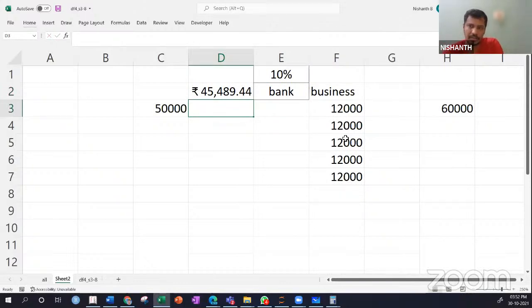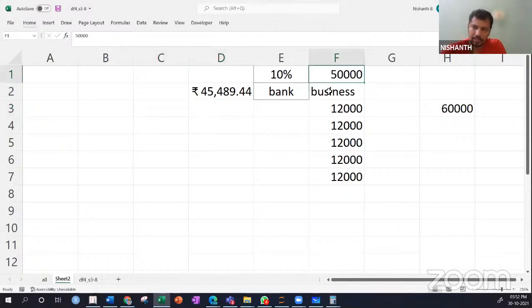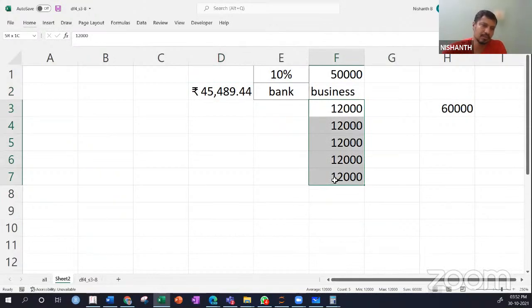So which means what? You put 50,000 in business, you get 12,000. You put 45,489 in a bank, still you get 12,000. So what will be your conclusion? Yeah, don't put in business. Correct.